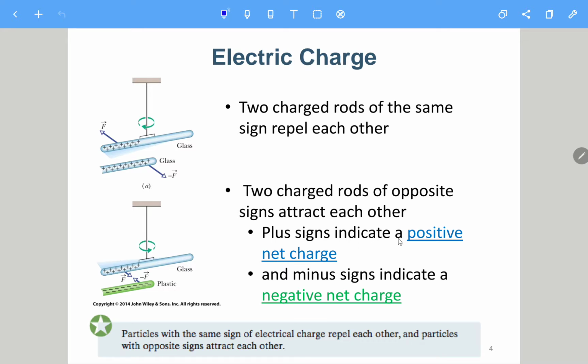The plus sign indicates a positive net charge, and the minus sign indicates a negative net charge. So this is the highlight: particles with the same sign of electrical charge repel each other, and particles with opposite sign attract each other. So I think you should have learned it in primary school.